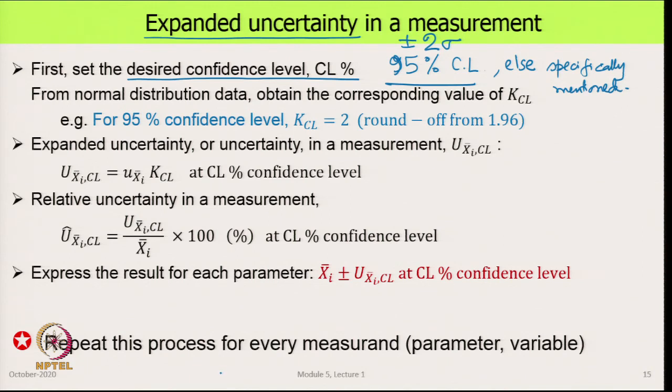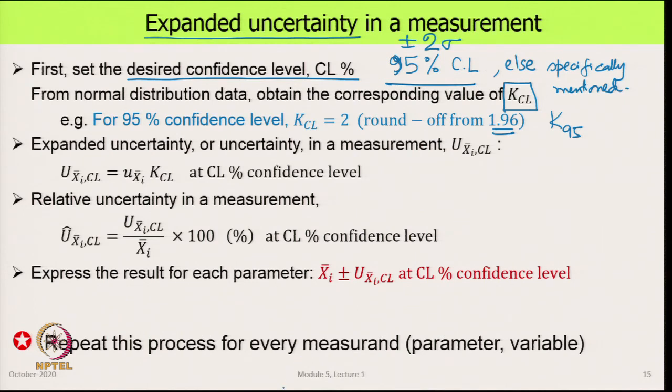So, now what do we do? We decide our confidence level, go to the tables, charts, whatever else we want to go to, and for that value we get the value of the constant k for that value of CL. For instance, for 95% confidence level, we would get k 95, and if you go strictly by what the table says, it would be 1.96.